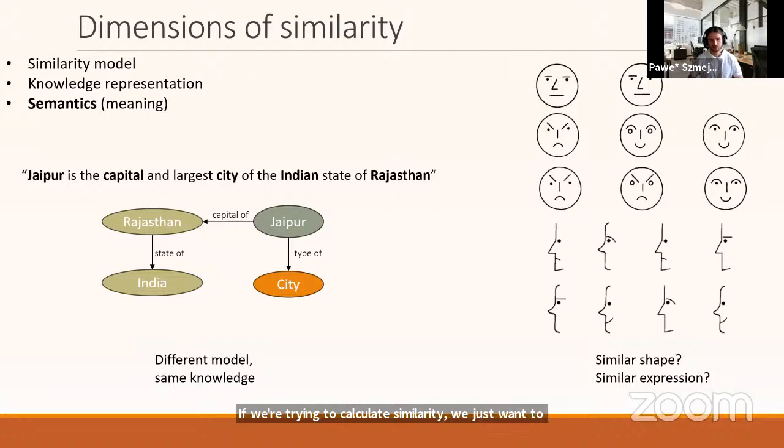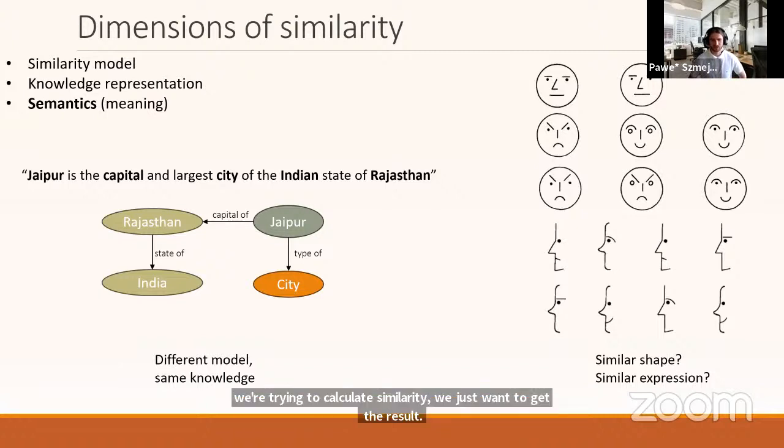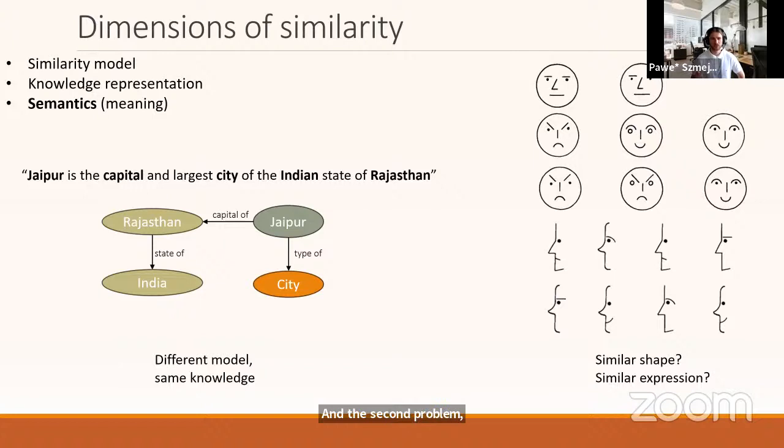And the second problem of calculating similarity is that whenever we need to arrive at a single number, there is a number of information that we might gloss over or number of properties that we skip. On the right side, we have images of faces, well, drawn faces, not actual human faces.